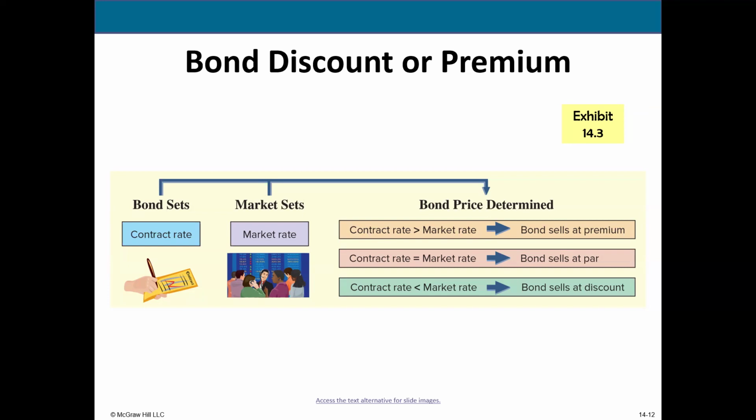So therefore we say we are selling the bond at a discount. The bond can also be sold above the market rate, and we call that at a premium. So if the stated interest rate on the contract is above the market rate, we say that we're selling the bond at a premium.